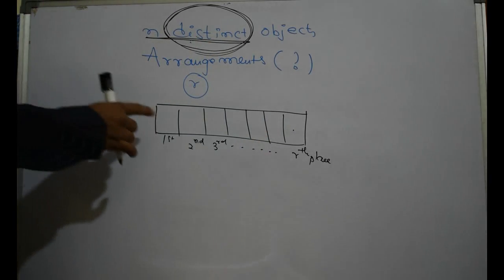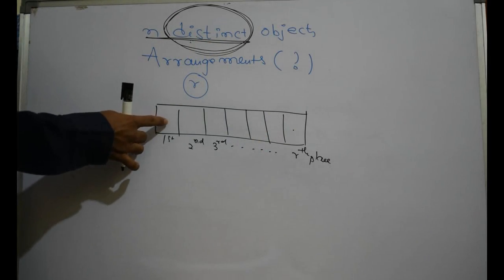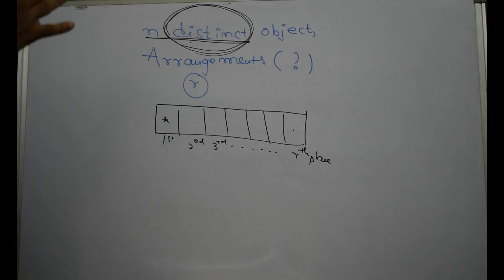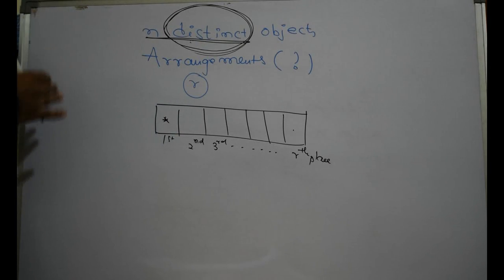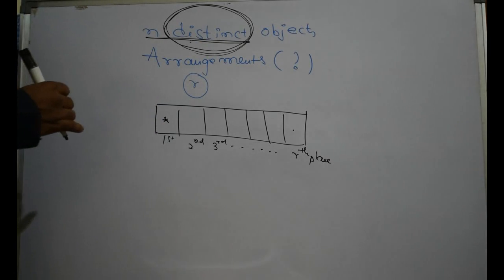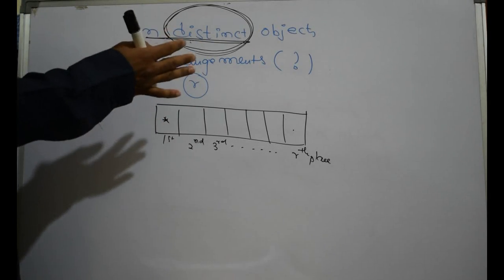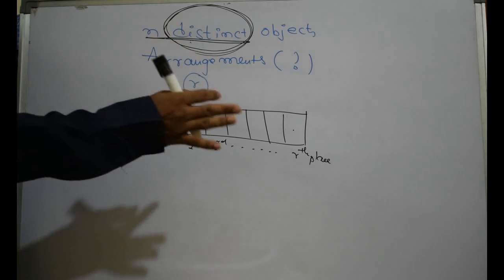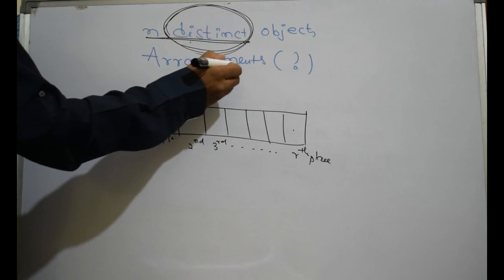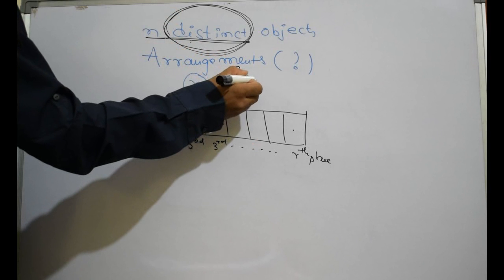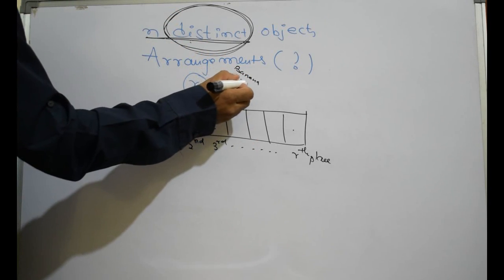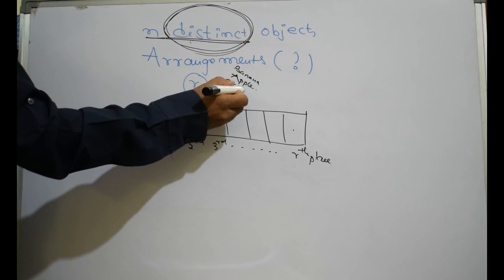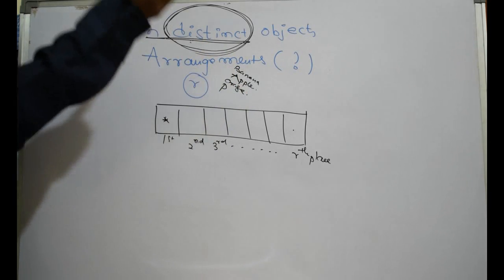Now you see, I go from the first place. For the first place, how many choices do we have? How many objects are given to you? N distinct objects. For example, I'll give you 4 objects, some fruits: banana, apple, orange, and pomegranate.